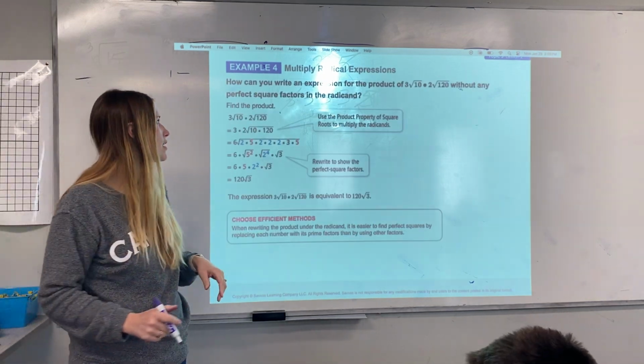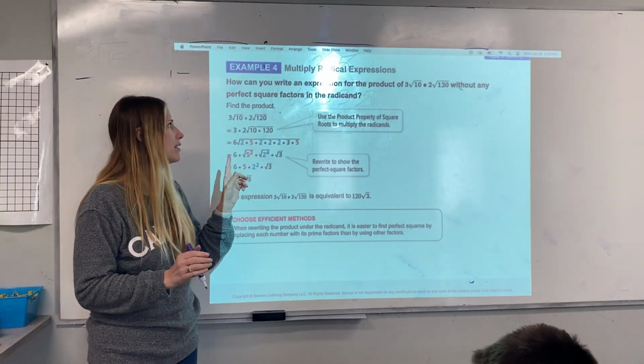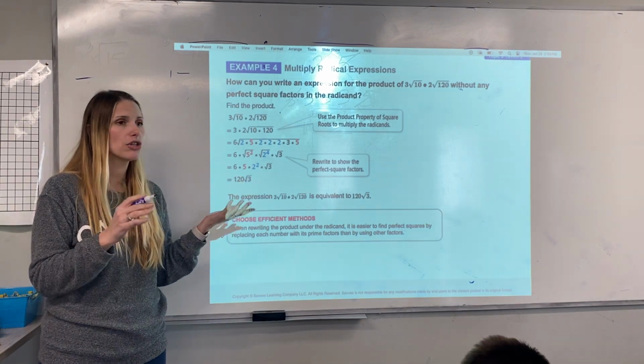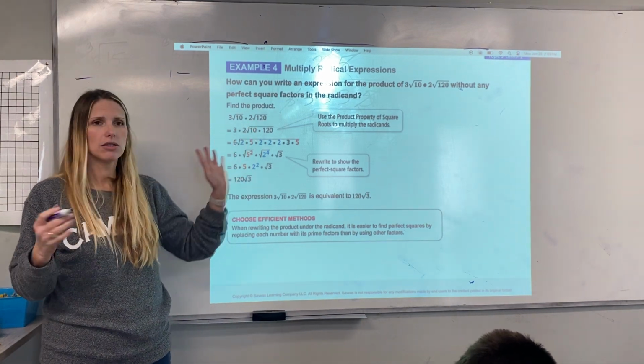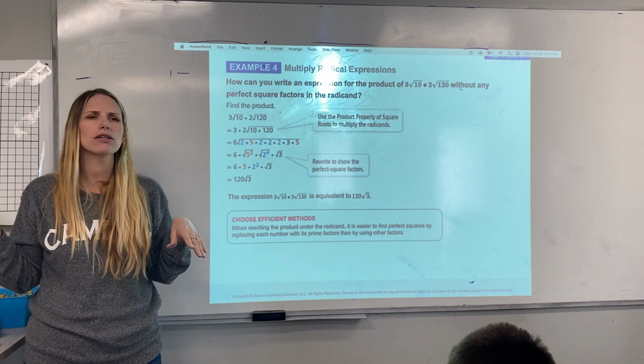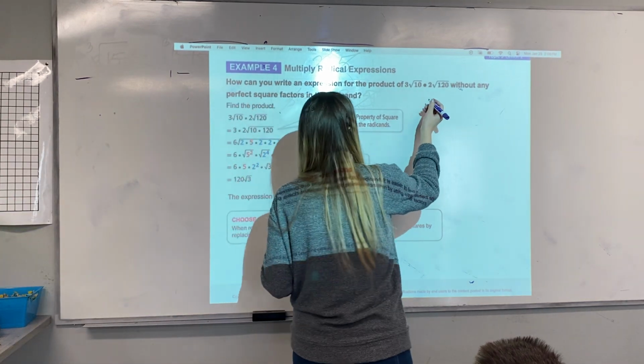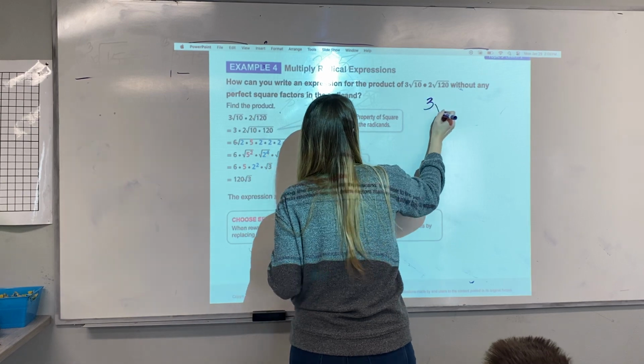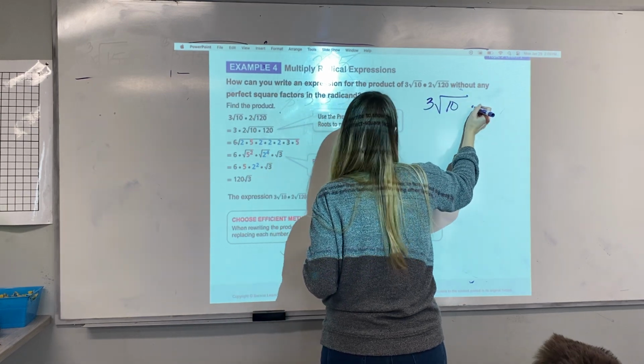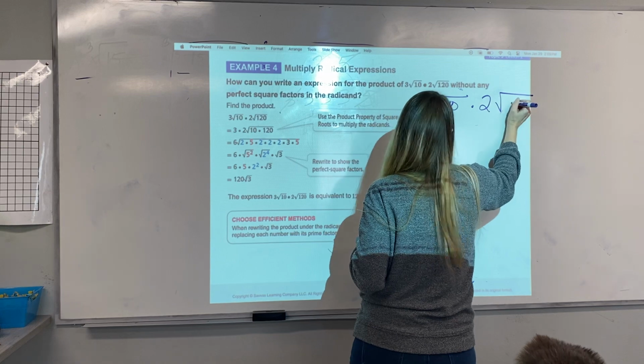Okay. Now we're gonna multiply radicals that also have free birds. No big deal at all. This is not even really any different than what we just did. So we're just gonna practice it again. 3 radical 10 times 2 radical 120.